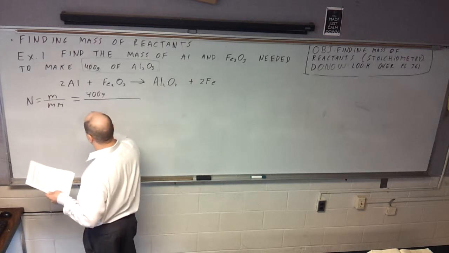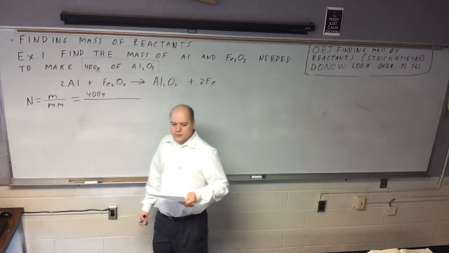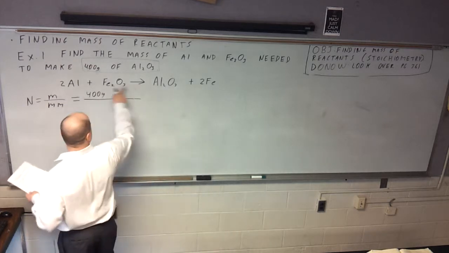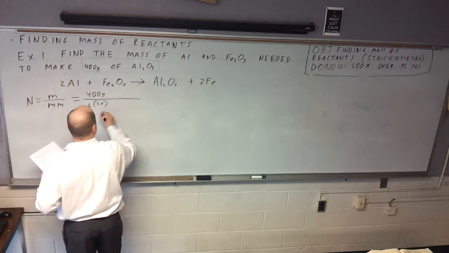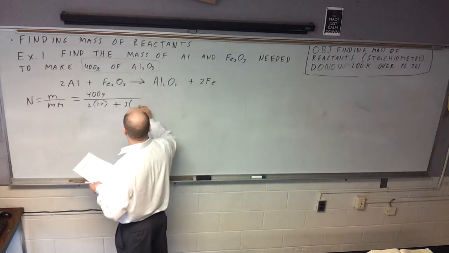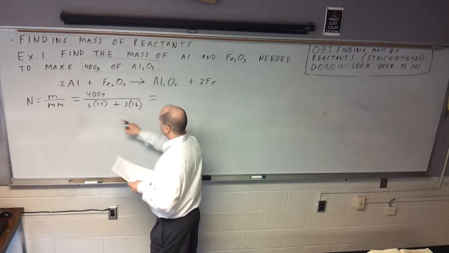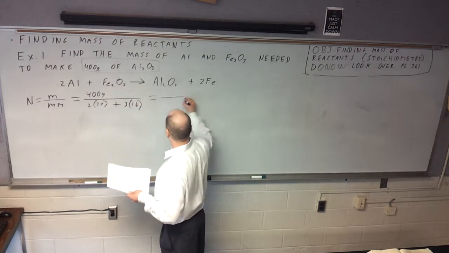So what's the mass of aluminum? 27. Okay, and there's 2 of them in here, so it's 2 times 27, plus 3 oxygen, so it's 3 times 16. So add all that together. It's 54 and 48. Is that 102?